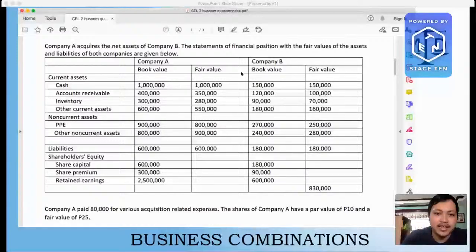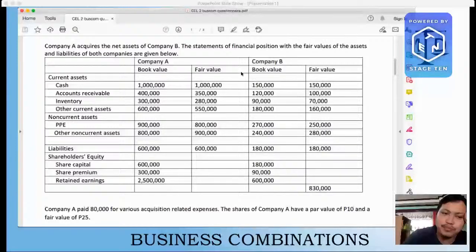You are only retaining the assets of the acquirer. Since they're already in the books, all other valuations aside from the book value would be irrelevant. The only additional assets and liabilities that would be recognized, class, are those acquired from the acquiree. So you may cross out the fair value for the acquirer and cross out the book values for the acquiree, class.